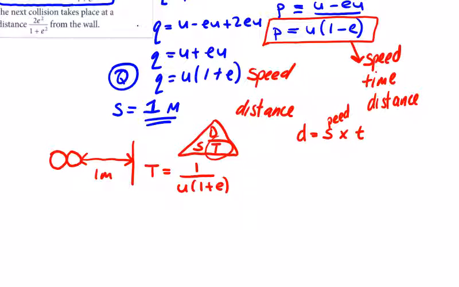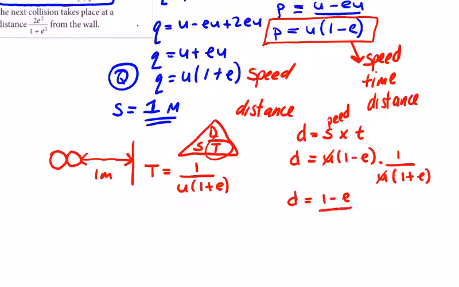So the distance traveled is the speed, u times 1 minus e, by the time taken, 1 over u times 1 plus e. The u's cancel, so the first sphere, the one that was moving, has traveled a distance of 1 minus e over 1 plus e.